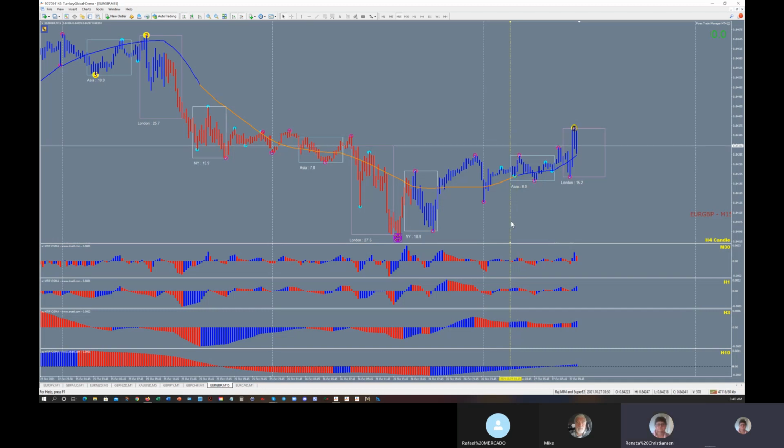So when you're analyzing this, you're saying, okay, the beginning of the Asian session, this was probably a red, and you don't have a sync. And you can see the beginning of the Union session.